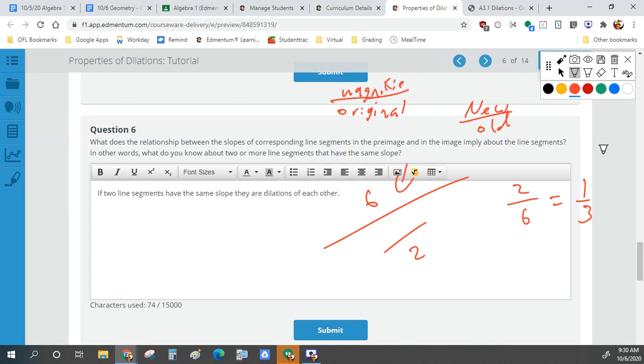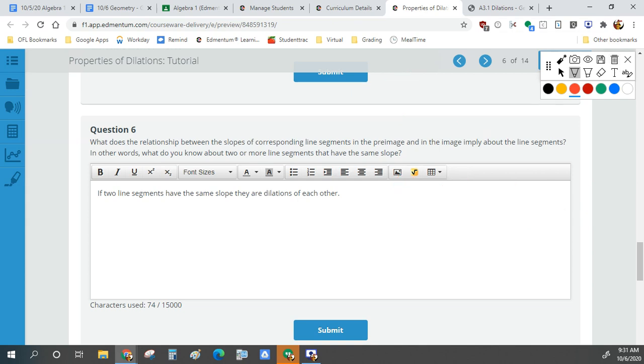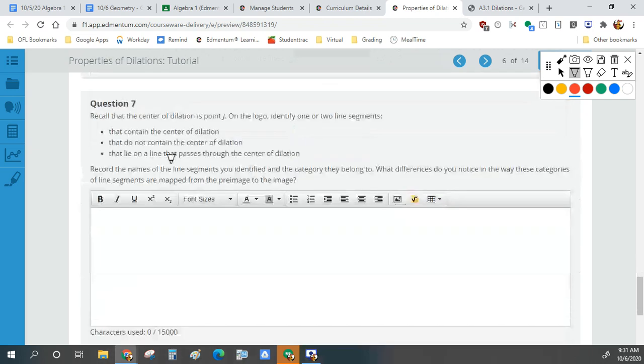I don't really like the original over magnified because technically you can make something smaller. But everybody get this? The new over old? Yes, no, maybe? Anybody awake out there? Cool. Thanks, Alec. All right, so now we're going to recall the center of dilation with point J.